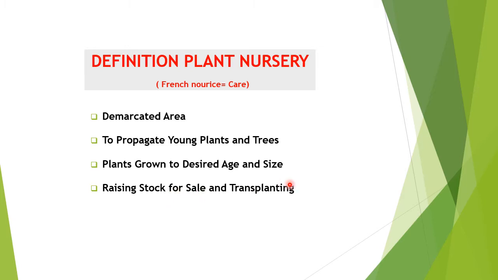That means your plant nursery definition is a demarcated area where you propagate plants of desired age and size, and they are raised for sale, and then they are ultimately transplanted and taken to the field for final transplantation.